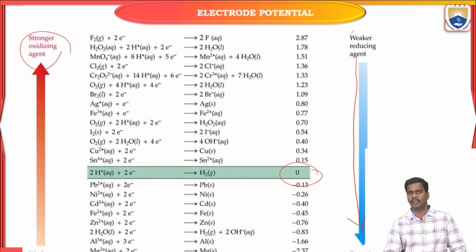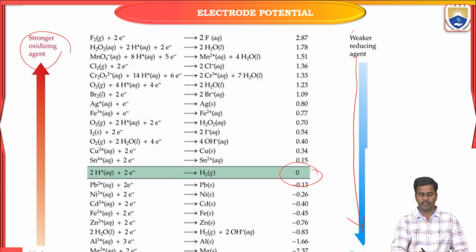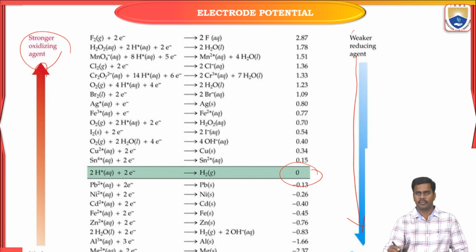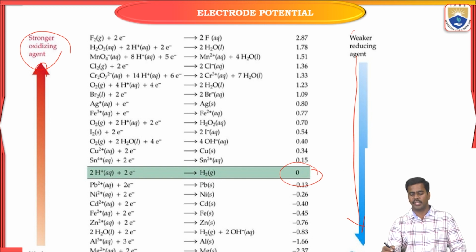Going from bottom to top of the table, oxidizing power increases. So the electrodes which are arranged above the hydrogen electrode act as strong oxidizing agents, and the electrodes below the hydrogen electrode act as reducing agents.